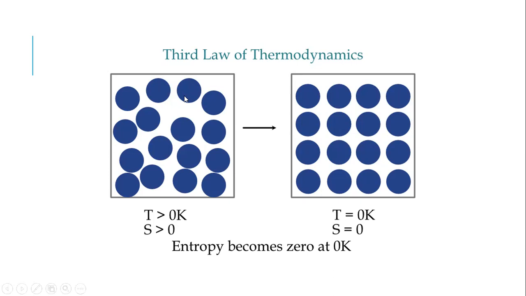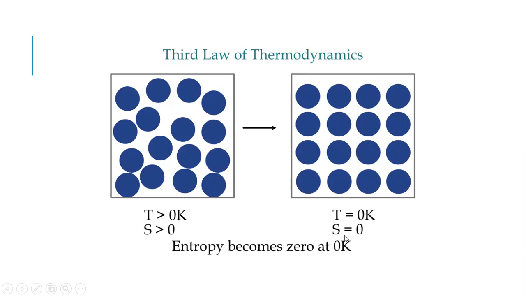If you slowly reduce the kinetic energy of the gas molecules below room temperature to absolute zero, 0 Kelvin, all the gas molecules settle down in a perfect, well-defined order.